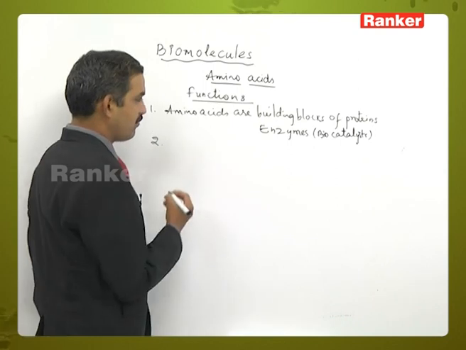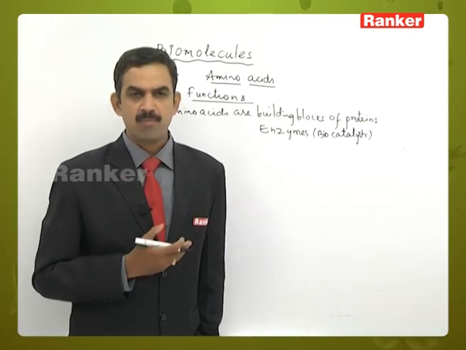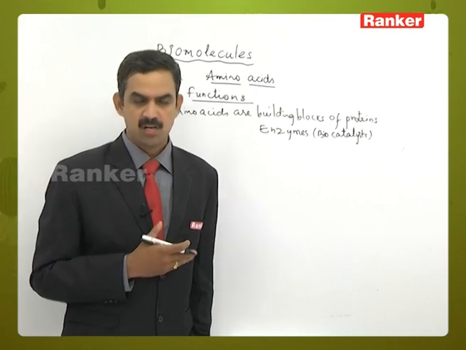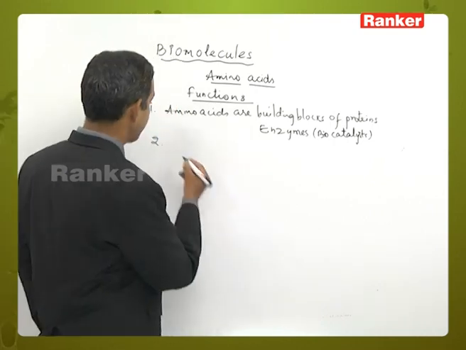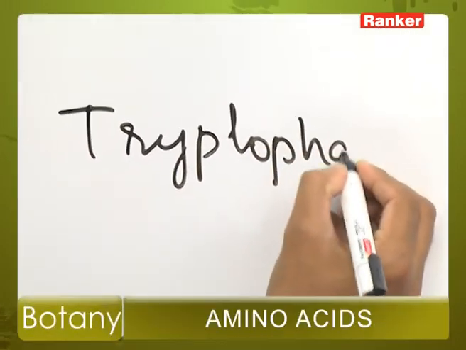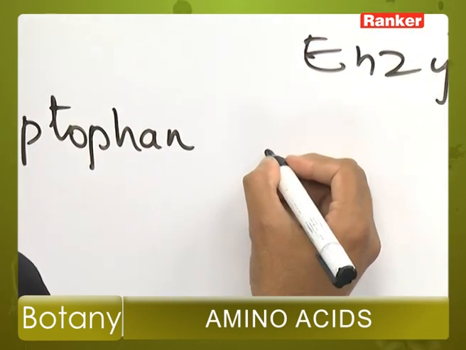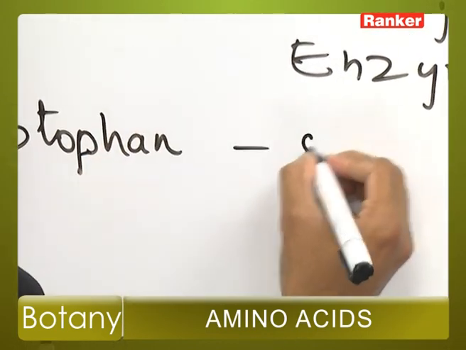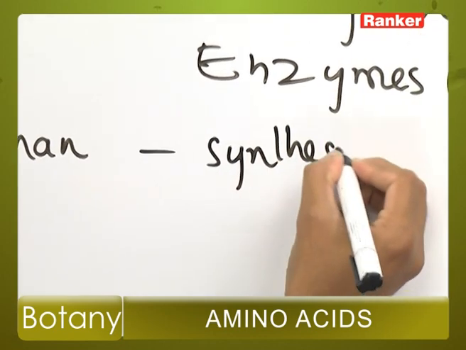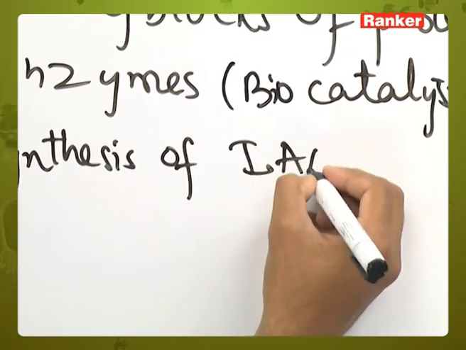Then there are many amino acids which are required in many biochemical processes or biochemical syntheses. Like we take the example of tryptophan. Tryptophan is required for the synthesis of IAA.